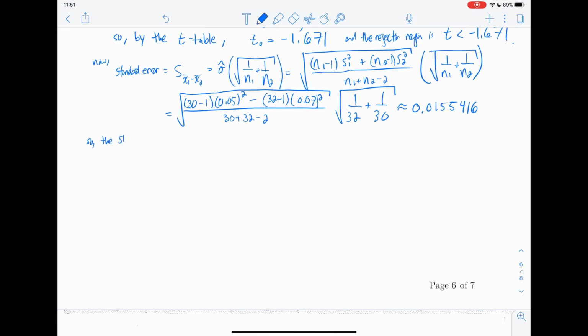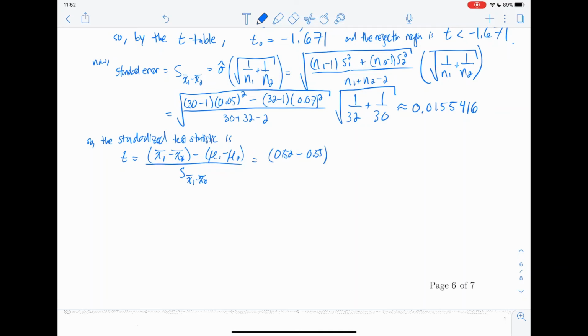So the standardized test statistic is, well, remember, it's the t, which is always going to be the observed difference, x1 bar minus x2 bar, minus the hypothesized difference, mu1 minus mu2, all over the standard error, s sub x1 bar minus x2 bar, where now we have all the relevant pieces. x1 bar was 0.52, x2 bar is 0.55.